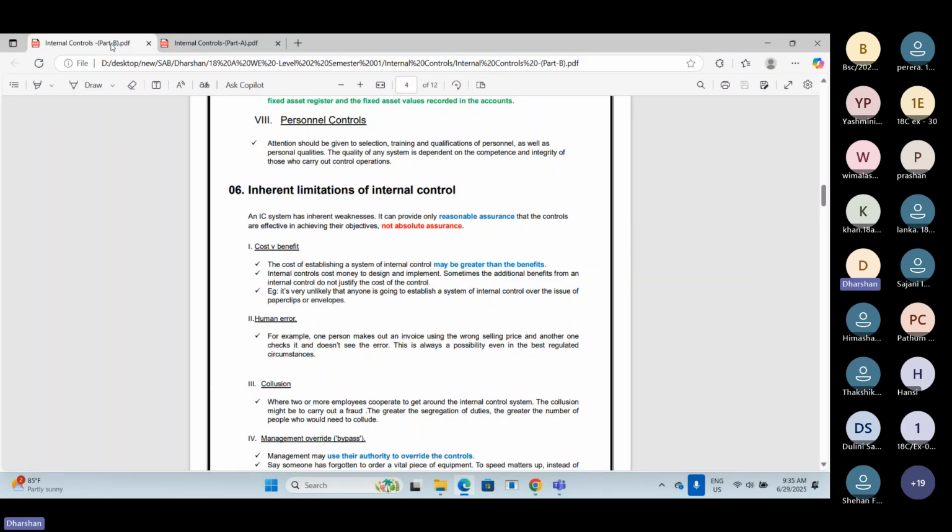I didn't finish the inherent limitations. I just gave an example. What I'm trying to say is why we can't give 100% assurance on internal controls.